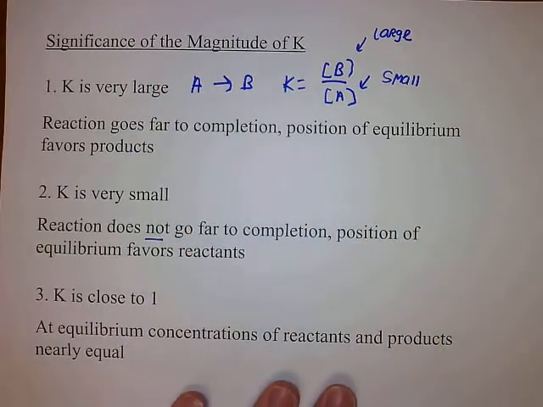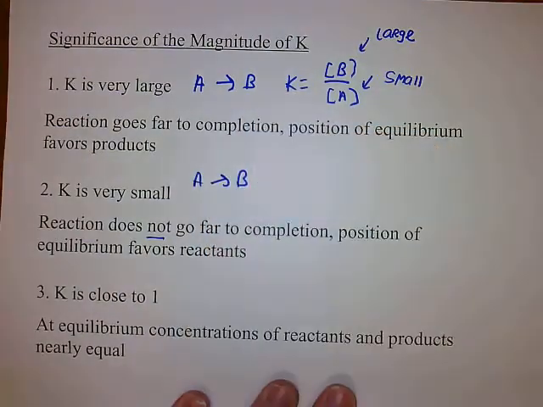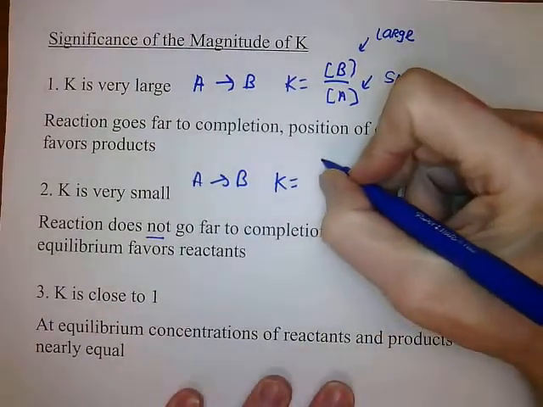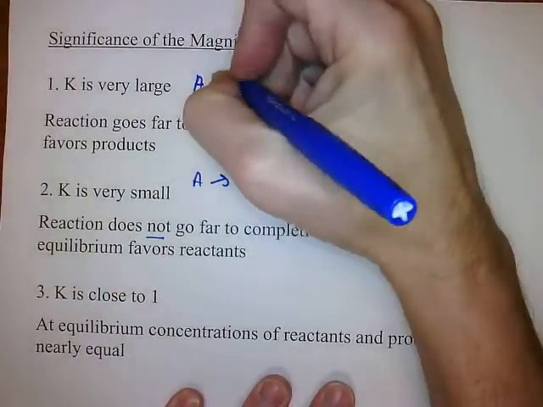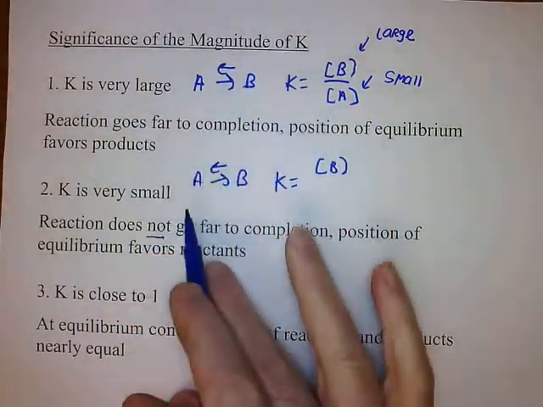So conversely, if K is small, that indicates a reaction that does not go far to completion, right? So we stick with our same reaction. A makes B, and K is the concentration of B over the concentration of A. I should have used double arrows here, by the way. Use double arrows with equilibrium.